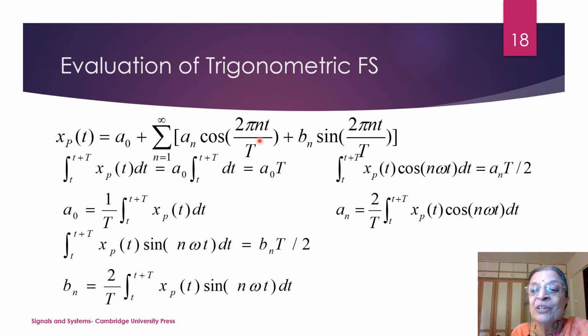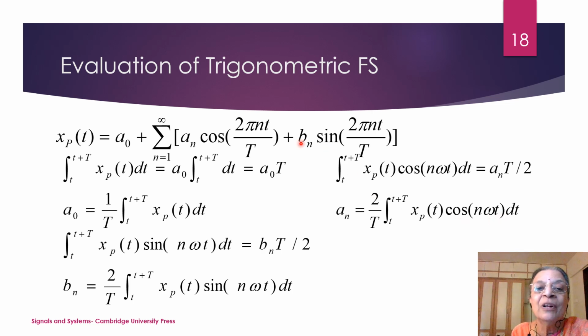So when m is equal to n, we have seen that it is equal to 1. So in this case, the corresponding integral will give you the value of T by 2. So we will have an equal to 2 by T, and we'll have to integrate this by multiplying it by cos n omega t.